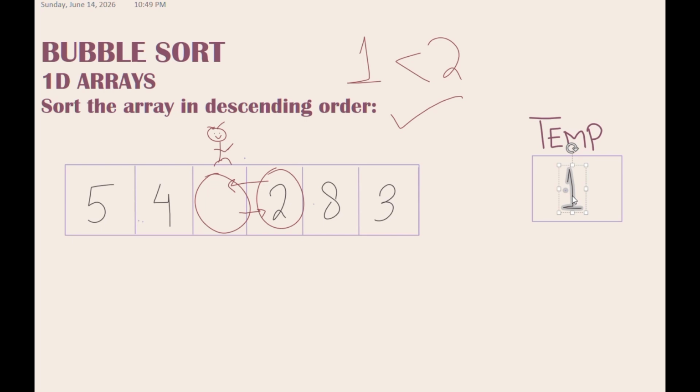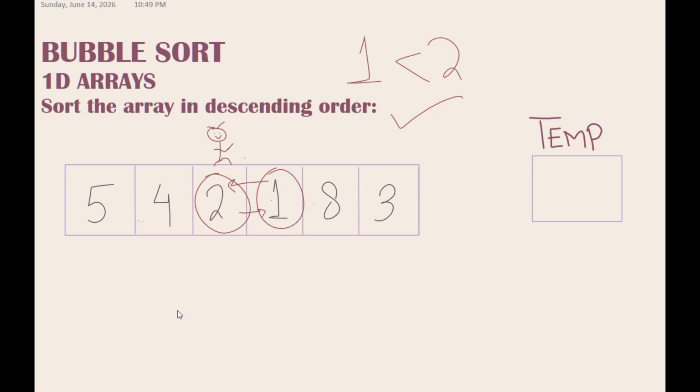Temporarily, we are storing this number so that this position can be empty for 2 to occupy. So I'm going to take 2 and place it in the position where 1 was available at first. And now once the second position is empty, I'm going to take my 1 back from this temporary variable and place it back into my array.